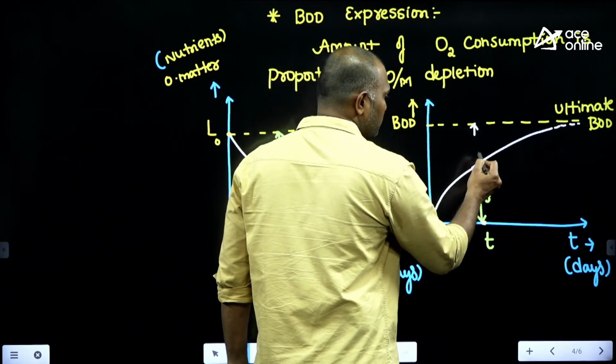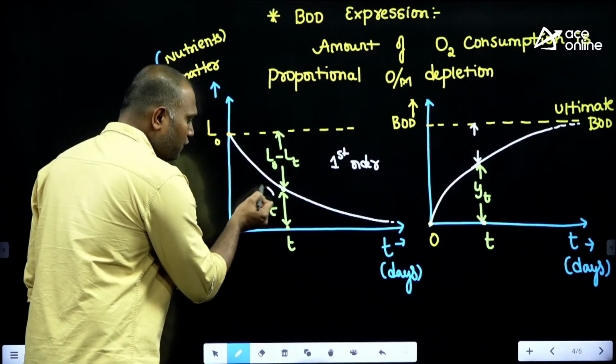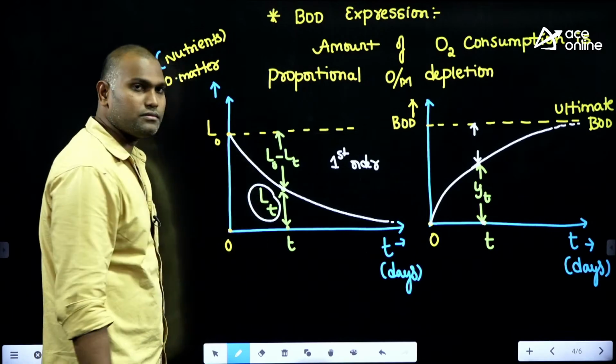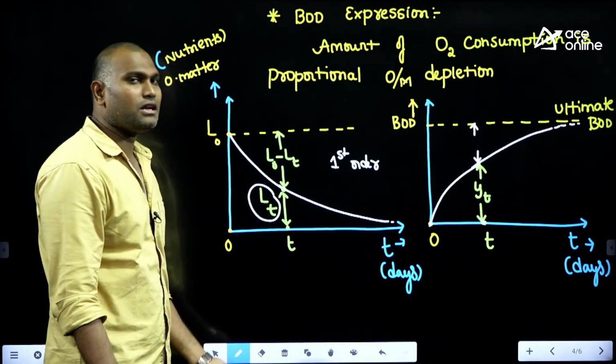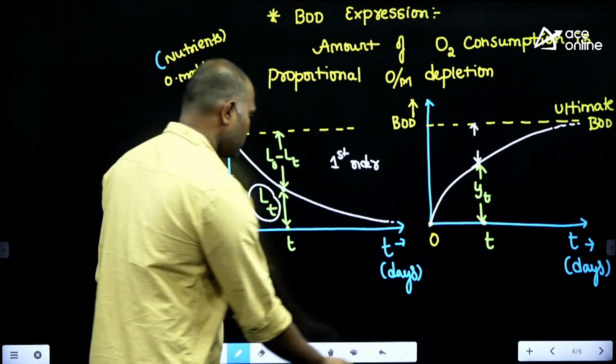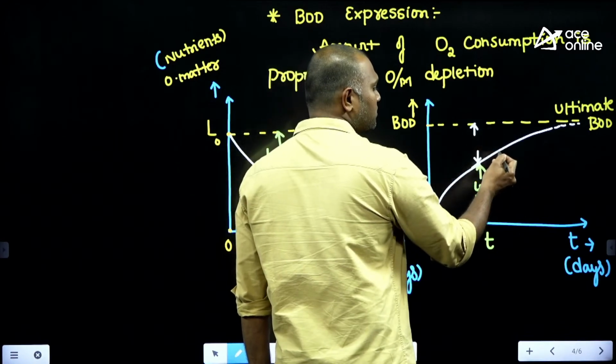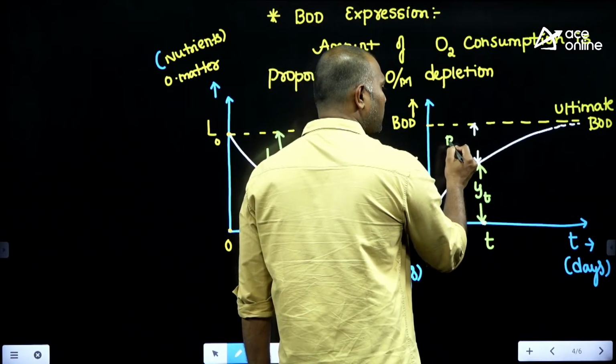This value simply represents the amount of organic matter in the system. If this much organic matter is there, that much oxygen is still required. So how much BOD remained in the system? This is nothing but BOD remained.